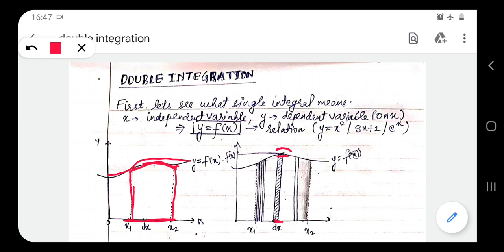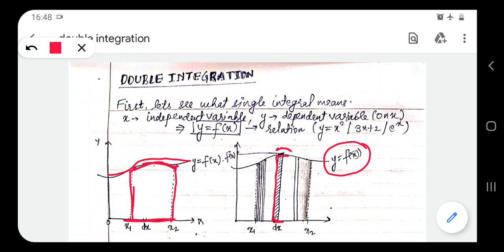So this length is nothing but the y coordinate. The y for this is y is equal to f of x, and the width is very small, dx.